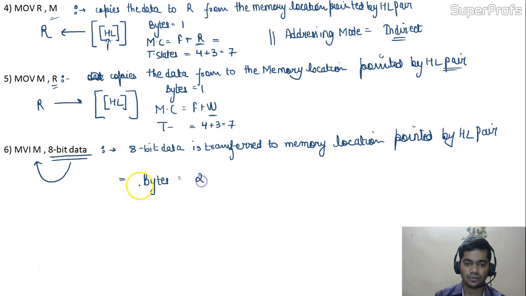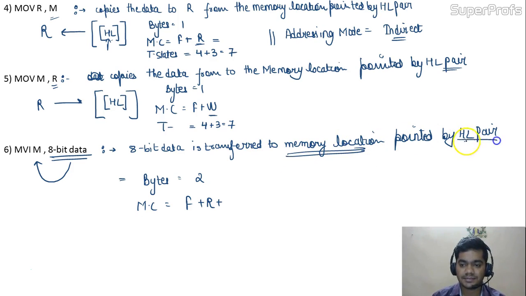in the memory would be 2. What are the machine cycles involved? First would be the fetch operation, so the opcode fetch is the first machine cycle. Next it would access this 8-bit data, so the next operation would be the read operation. Then whatever data is present here would be transferred to the memory location pointed by the HL pair, so the next machine cycle would be a memory write operation.